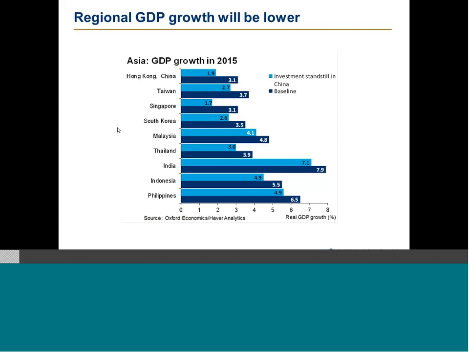So, in summary, while we're still a lot more optimistic about our base case scenario of stronger growth both globally and within the region, largely because of oil prices, we still see that the downside risks remain.